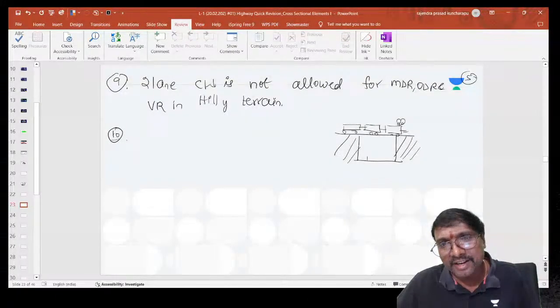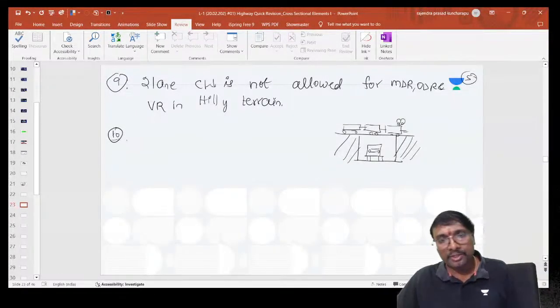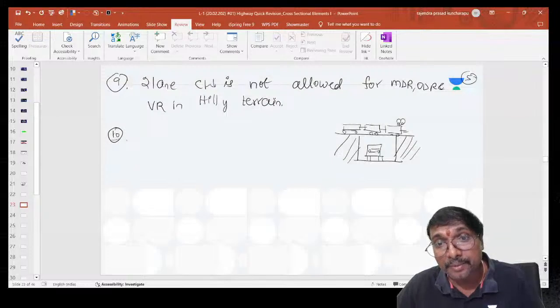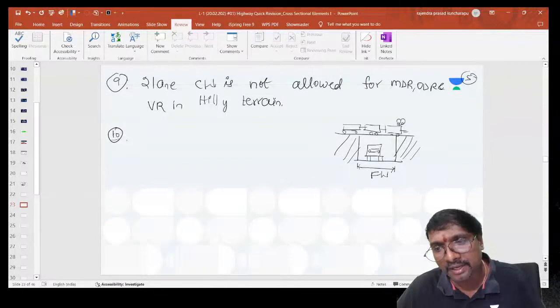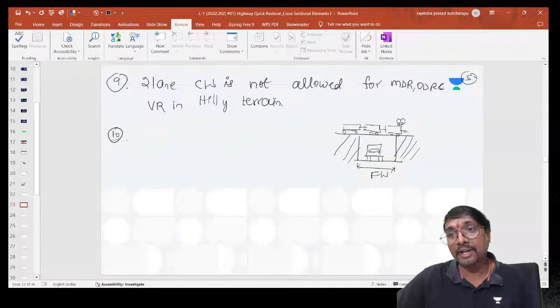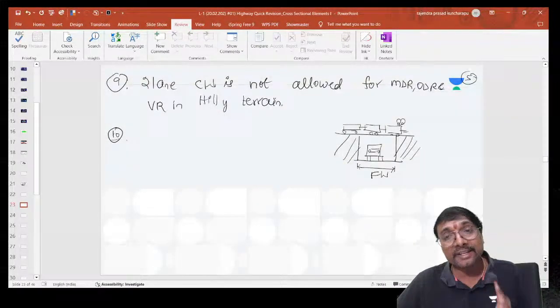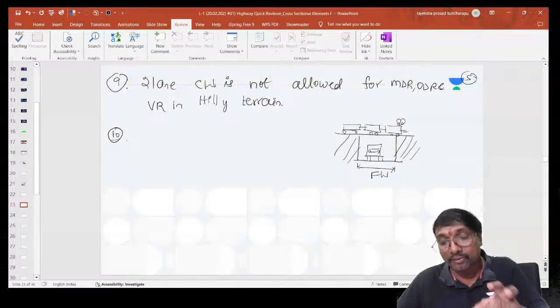Now tell me, whenever it is an underpass, how much width should we allow to pass through the bottom? It is better we allow the entire formation width. Entire formation width we are allowing means, what does it mean? It means that you can have overtaking and crossing operations even in case of underpass also.